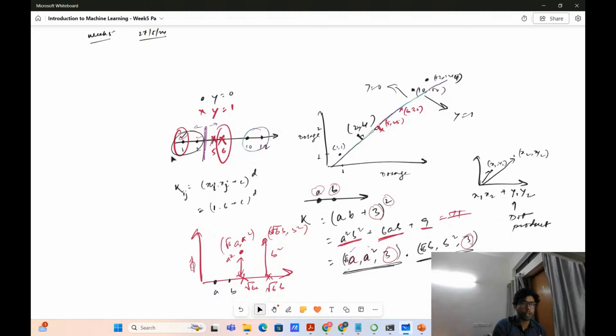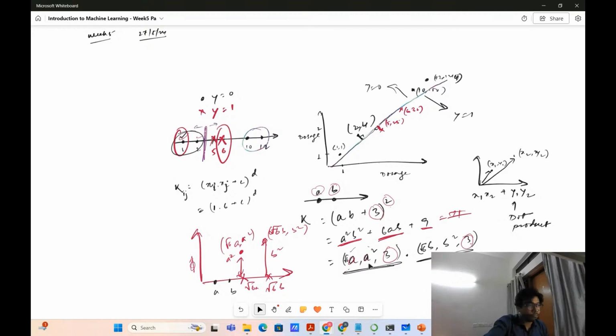You're just calculating a number which explains the relation between 2 points, in this case A and B, in higher dimension. Without even going into higher dimension, the kernel tells you the relation between the 2 points in higher dimension. That is such a powerful method. That's why the kernel method is so powerful.